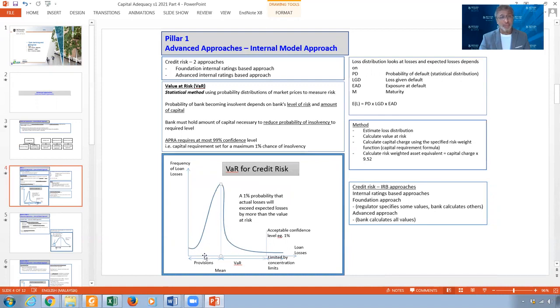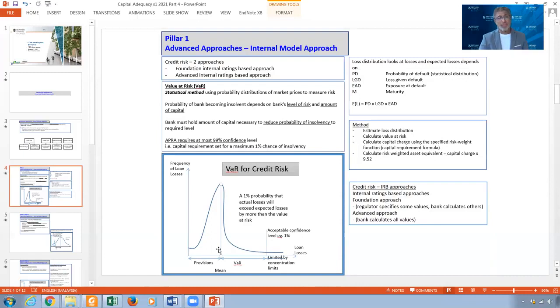So up to this area, which is the mean, this area is covered by our provisions. But from here to 99%, if you are taking confidence for 99%, all of this is actually the capital you need. So if this is 15% here, part of it is covered by the provisions.